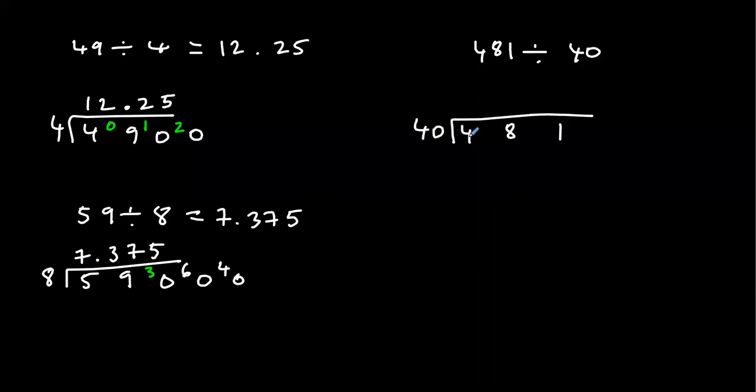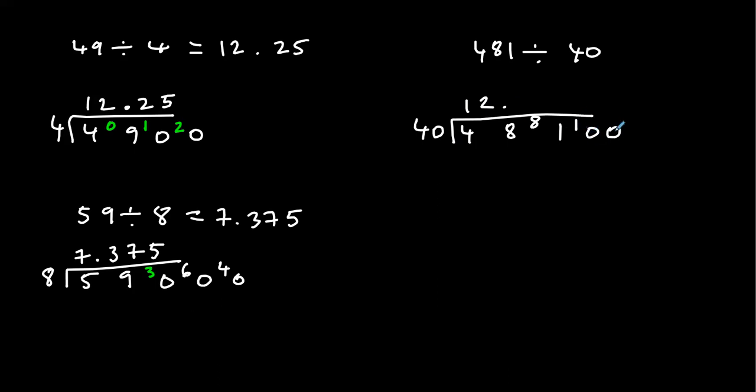Okay, 40 goes into 48 once with the remainder of 8. 40 goes into 81 twice with the remainder of 1. And then 40 doesn't go into 1. So we add our first 0 and we put a point at the top. 40 still doesn't go into 10. So we add a second 0 for this remainder.